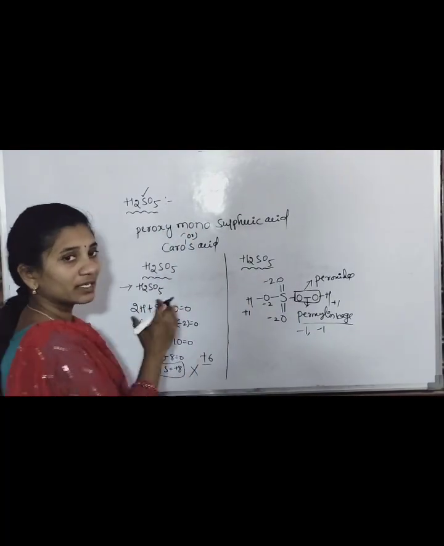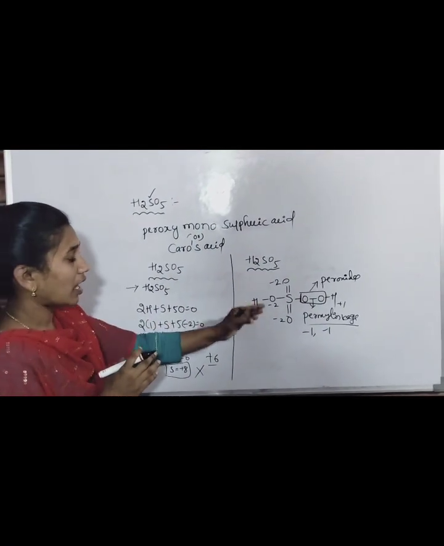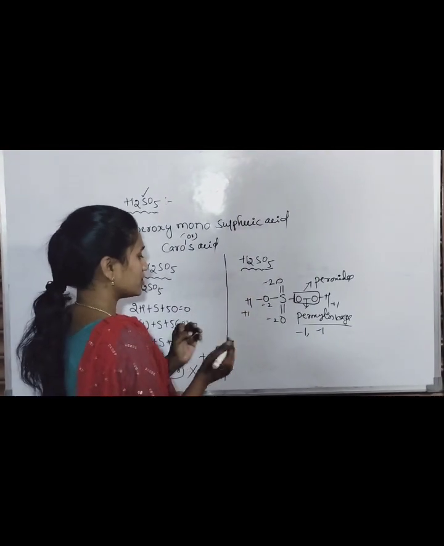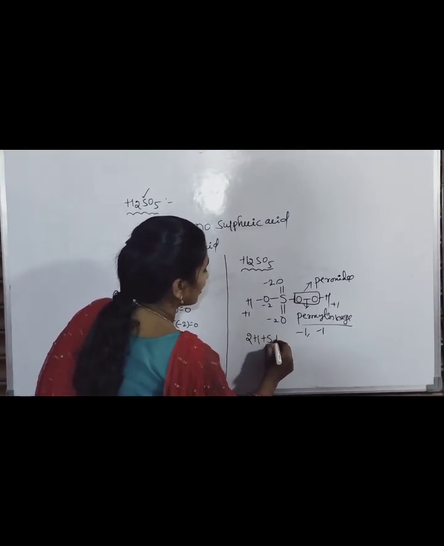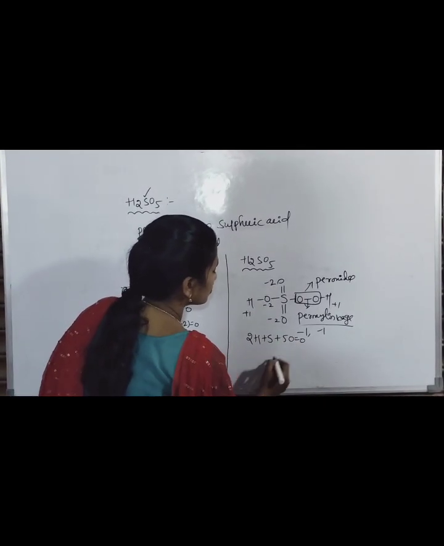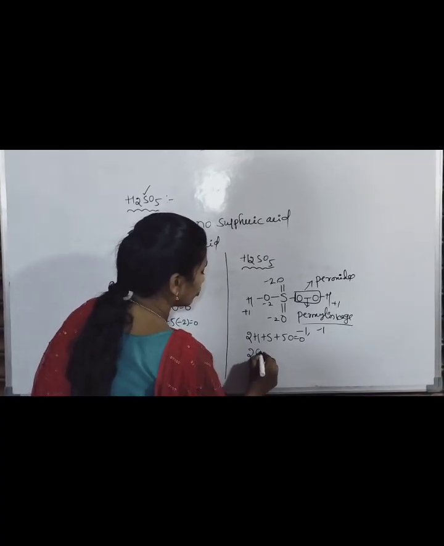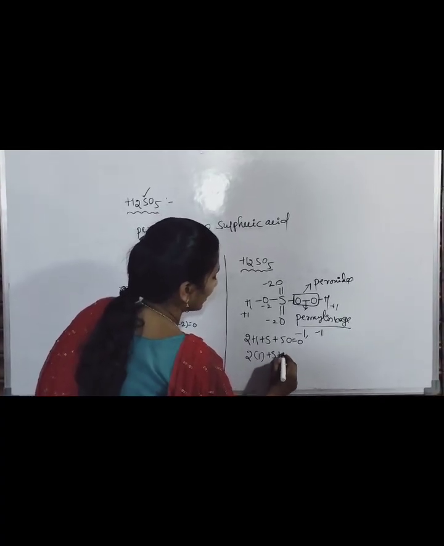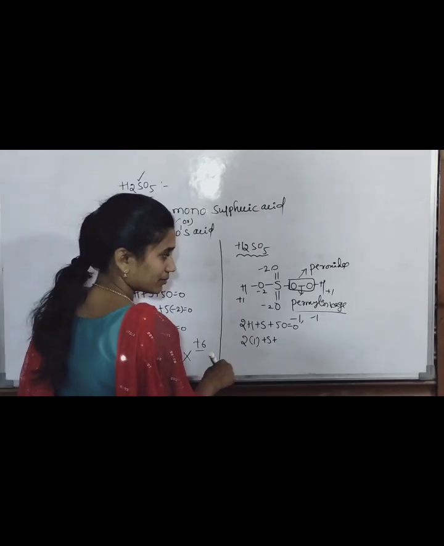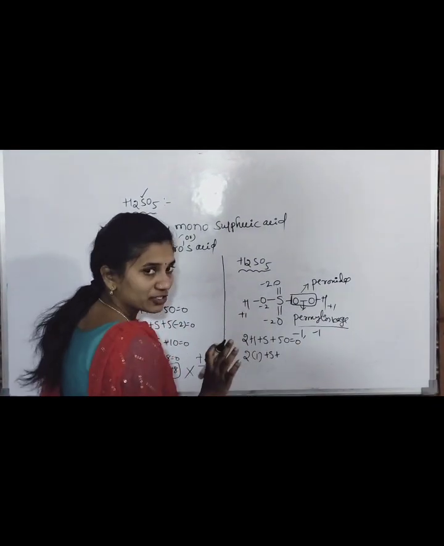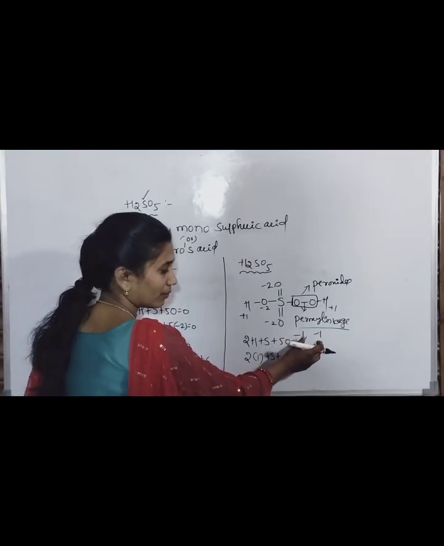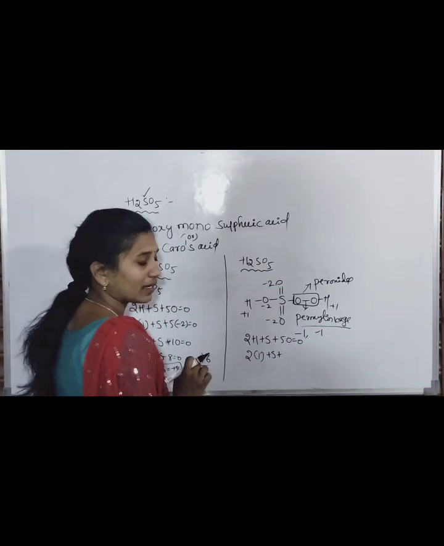Now let us substitute these values of atoms in the formula. 2 hydrogen plus sulfur plus 5 into O equals 0. Now 2 into 1, and sulfur we need to calculate. 5 oxygen atoms are present, but for 2 oxygens we have to consider -1, and for 3 oxygen atoms we have to consider -2.